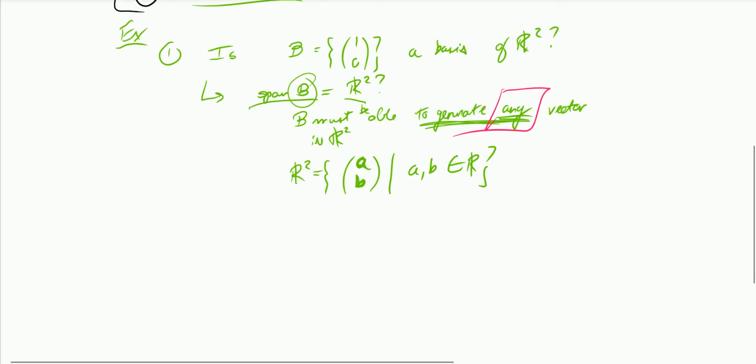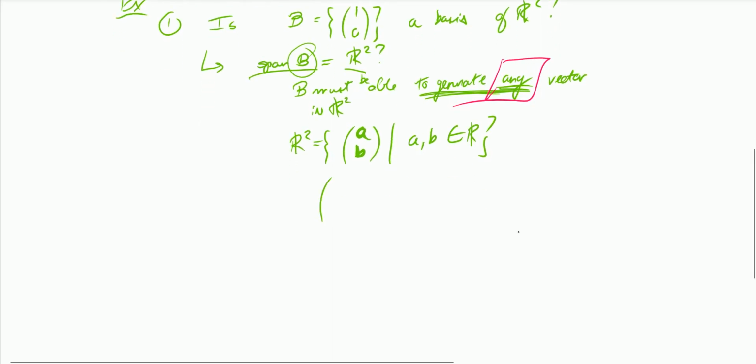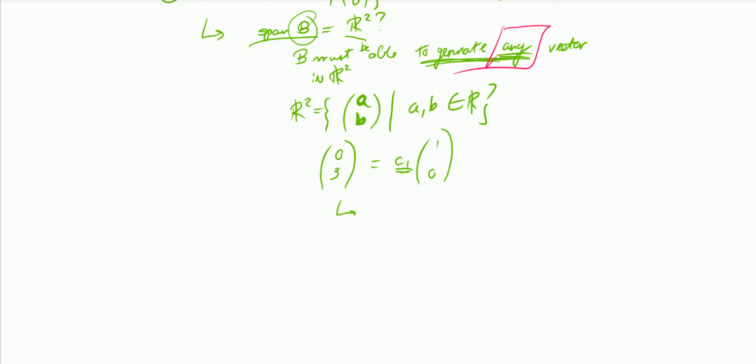Well, if we take an example, like (0, 3), and we say, is (0, 3) equal to c1 times (1, 0)? So we want to solve for c1, right? Well, we get a system of linear equations. We get 0 is equal to c1, and then we get 3 is equal to 0. Well, obviously this is a contradiction.